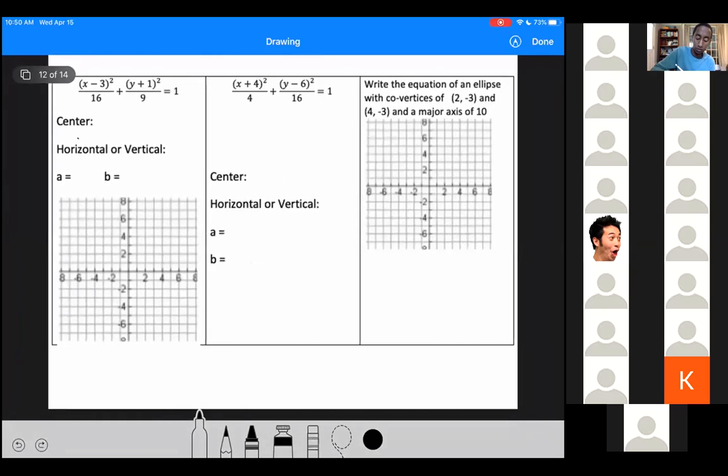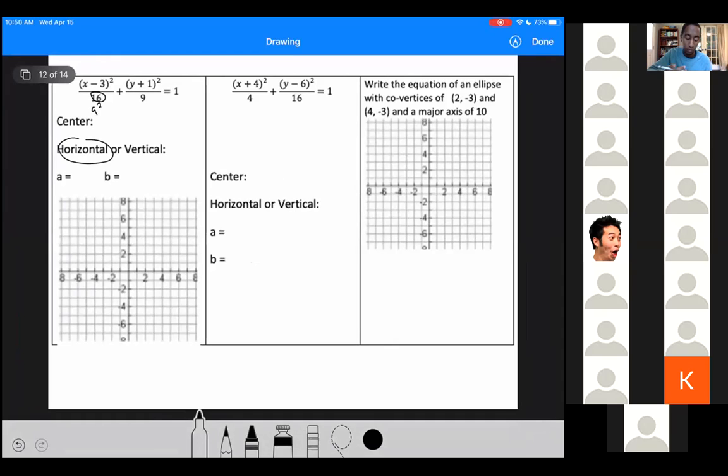Yes, very good. So it's horizontal, because you remember the A squared is the bigger number, 16. And you have to be careful here, that A is not 16. A is whatever squared gave you 16.